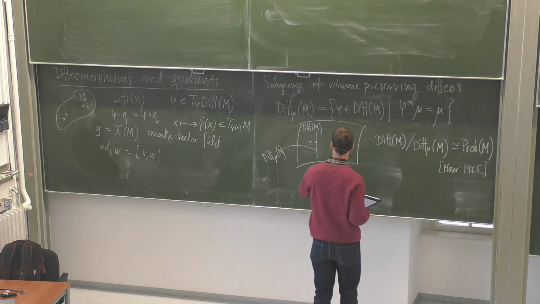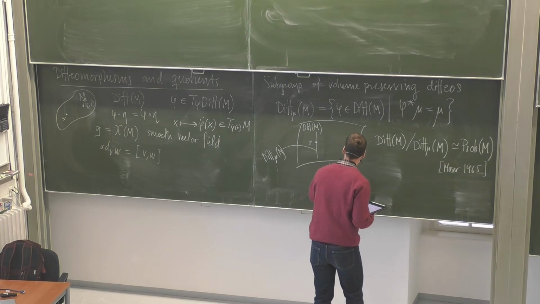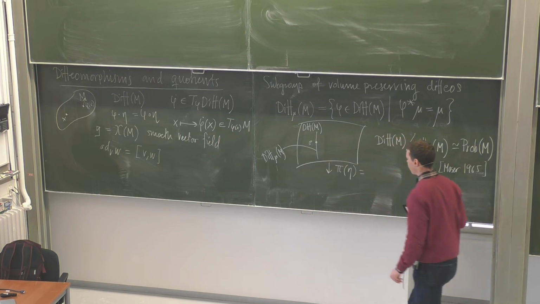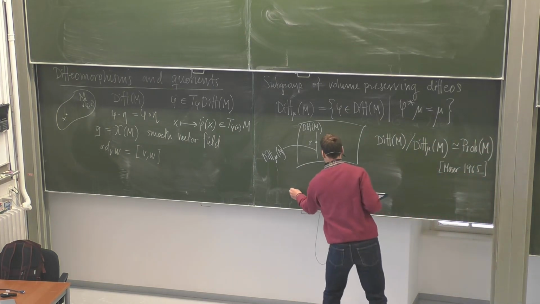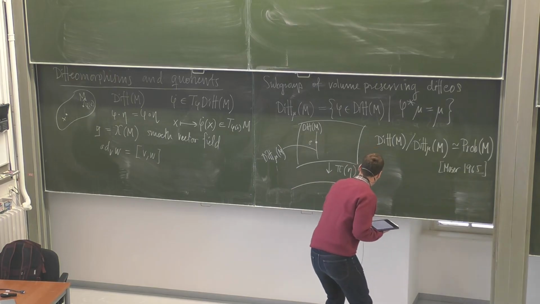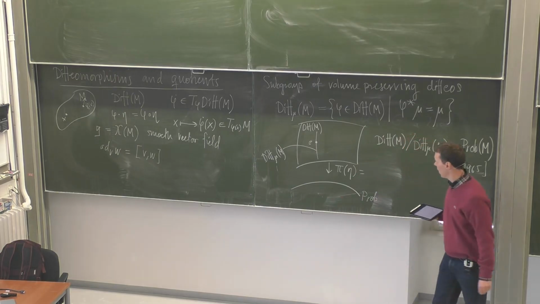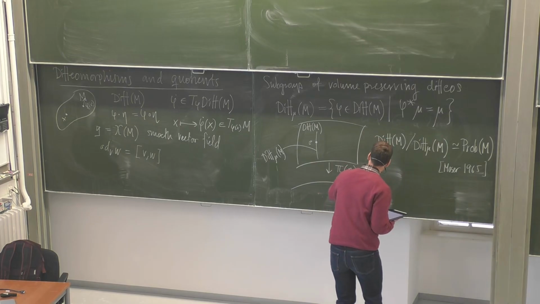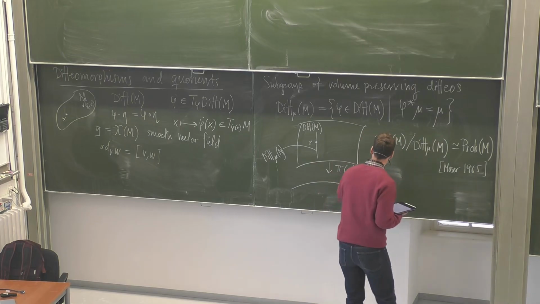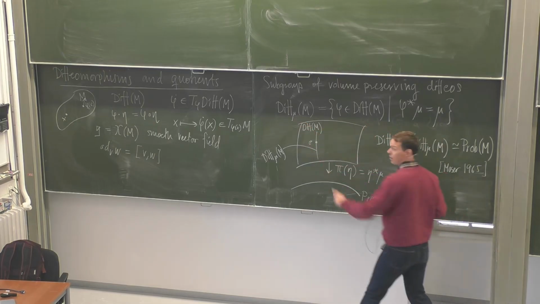So I take some diffeomorphism, let's call it theta. And from that, I get a probability density by acting with this diffeomorphism on some reference mu. Now I'm assuming that this is already a probability.